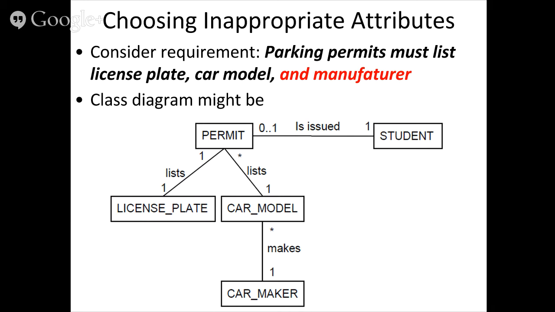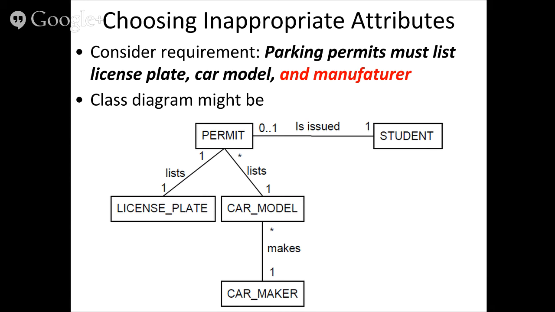One way to capture it is to have a table with all the car makers: Jeep, Toyota, Honda, Ford, all the car makers. Then for each car model, we have a one-to-many relationship, and they have a foreign key telling me what model they are.